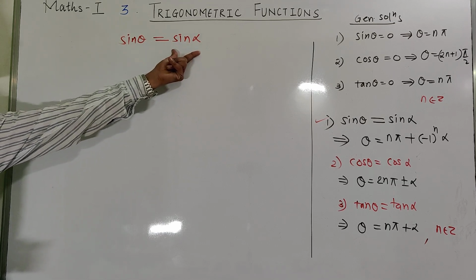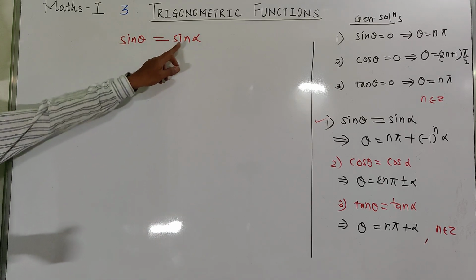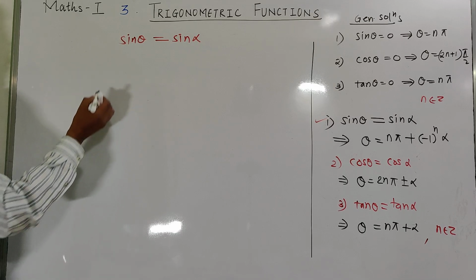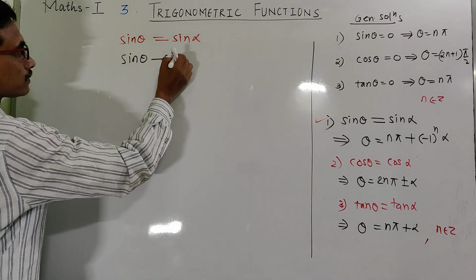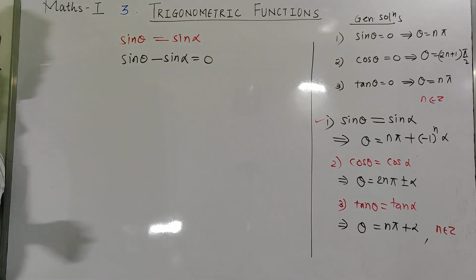So sin theta is equal to sin alpha we wrote. Now take this sin alpha to the left hand side. This gives sin theta minus sin alpha is equal to 0.